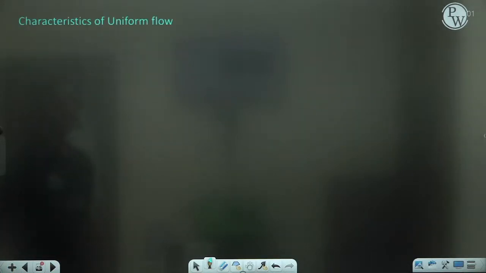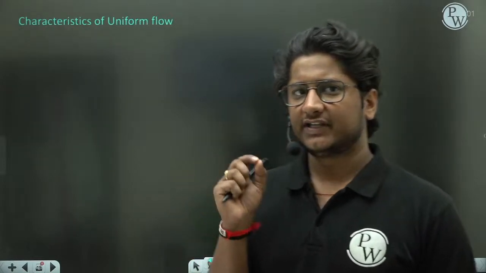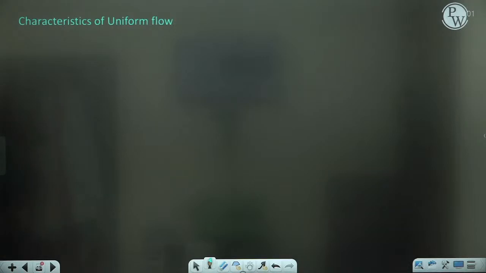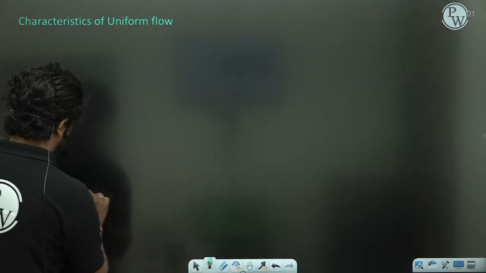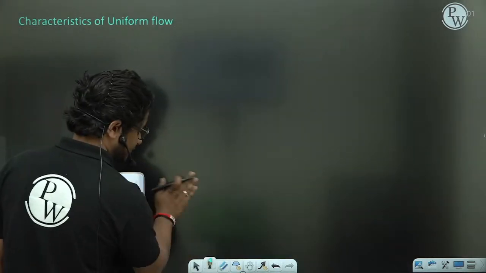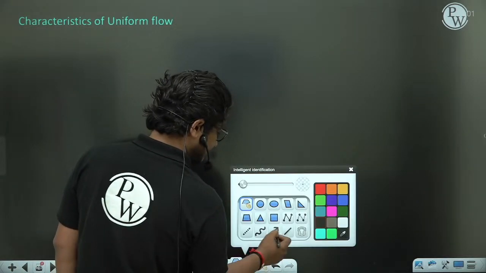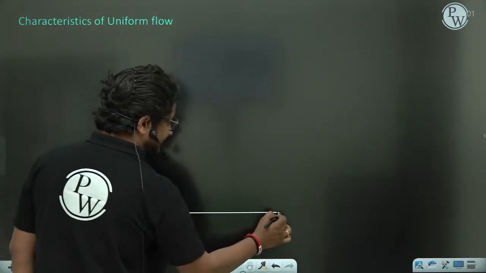Now see the characteristics of uniform flow. In a uniform flow, definitely there will be some characteristics which you can see. Let us try to understand. This is the datum.